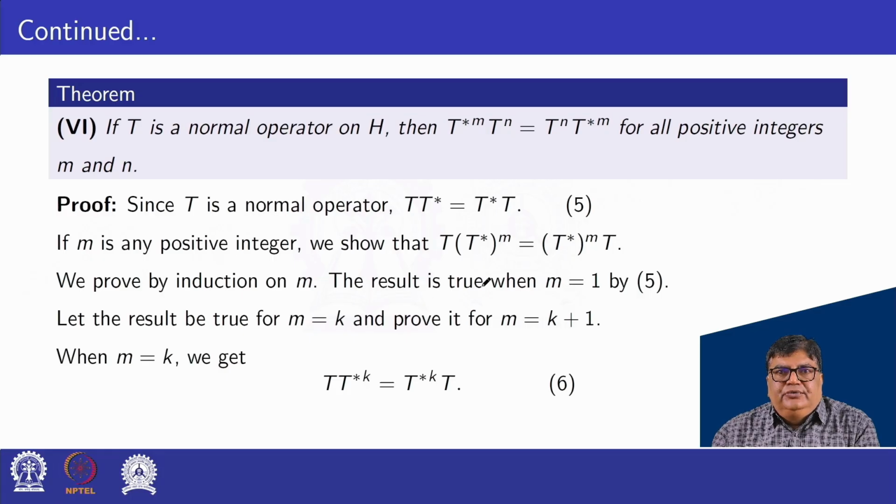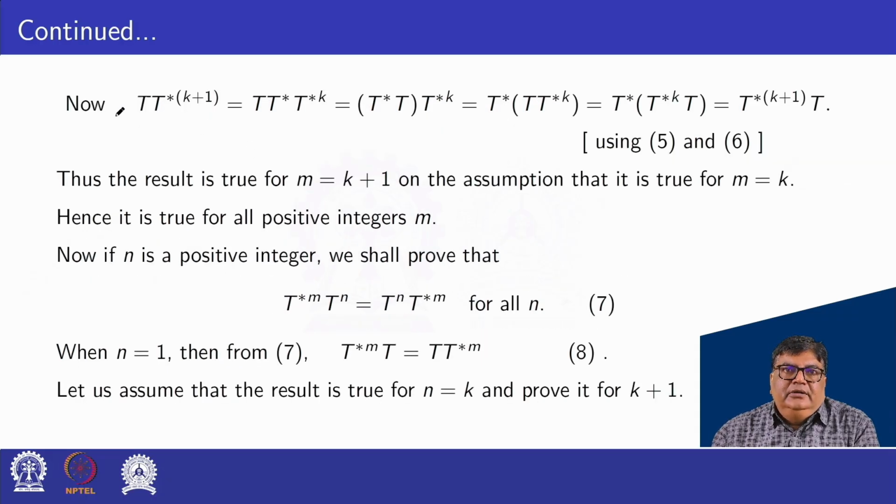The result is true when m is equal to 1 by equation 5. Let the result be true for m equal to k and prove it for m equal to k+1. When m is equal to k, we get T into the k-th power of T* is equal to the k-th power of T* into T. Equation 6.